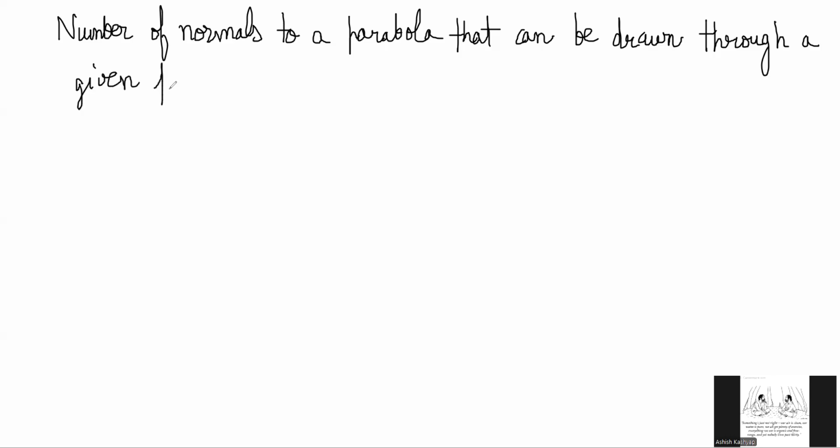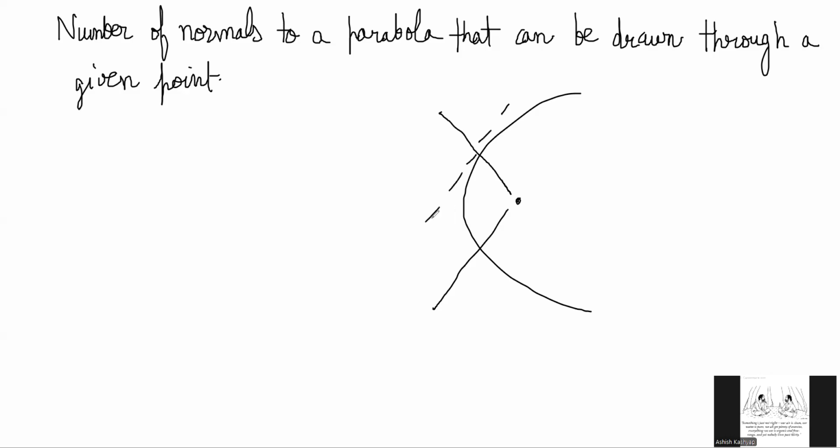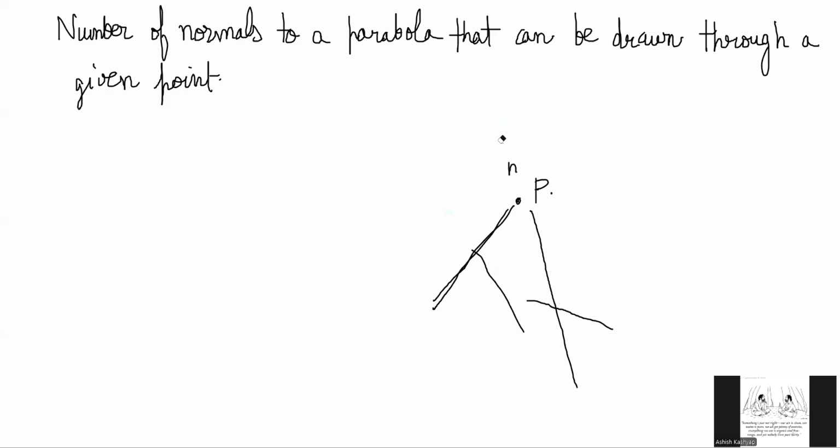So what is the meaning of this statement? Given any point inside the parabola or outside, how many normals can you draw from here? So for example, this line might be normal, this line might be normal, and again, another line somewhere might be normal, although it doesn't look like a normal here. So basically, through a given point P, how many normals to the parabola can be drawn, right? So that is what we need to understand.